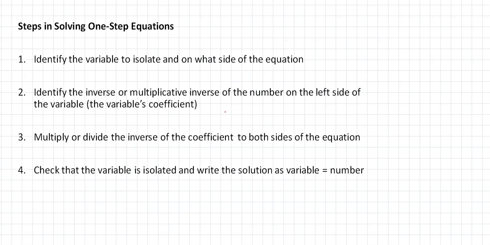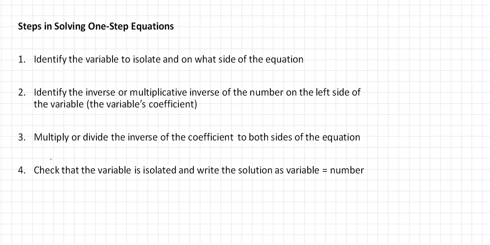Now, how do we go about solving this type of equations? Well, the first thing you want to do is identify the variable that you want to isolate and figure out what side of the equation you want to isolate it. And then when you have a situation where there's a multiplication or a division, you want to find the inverse or the multiplicative inverse of the number to the left of the variable, which is also called the variable's coefficient.